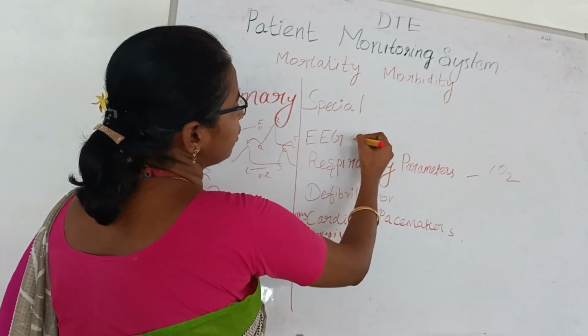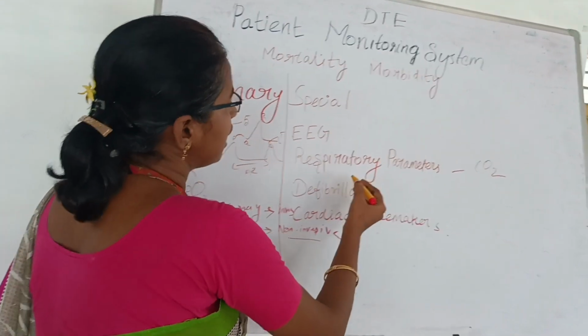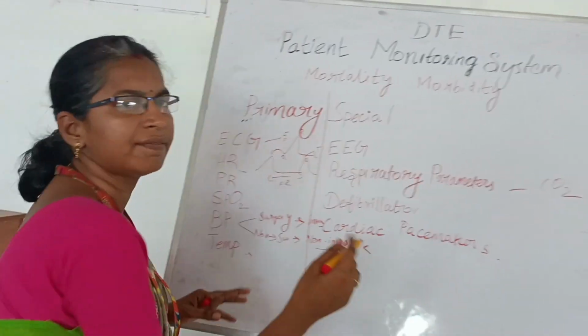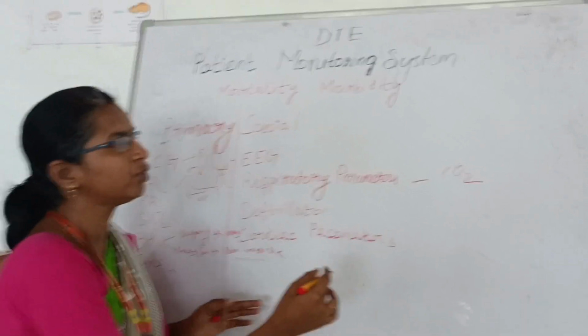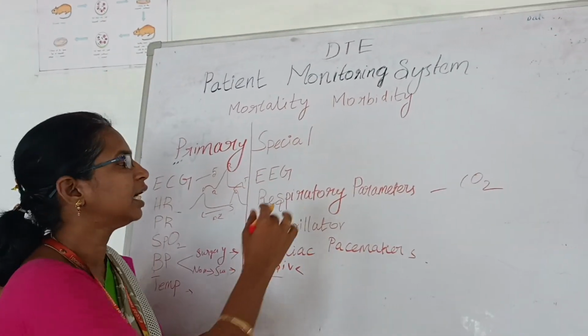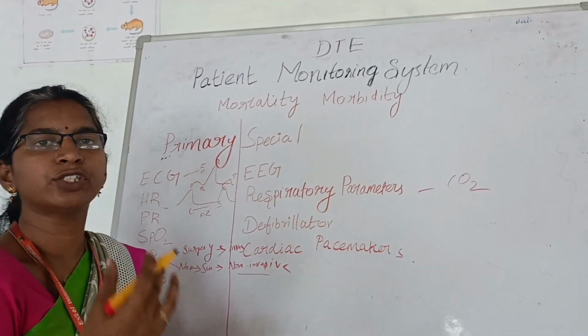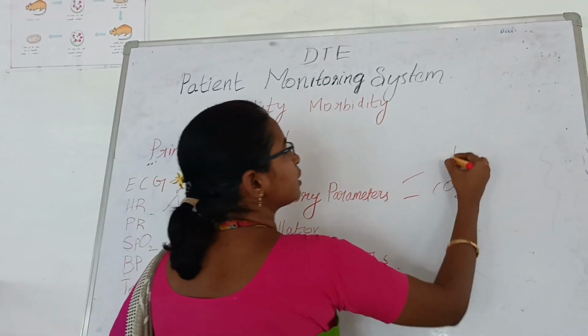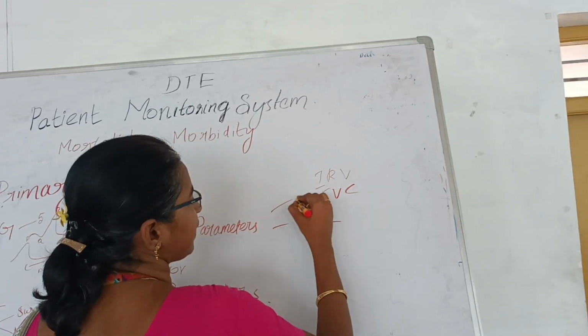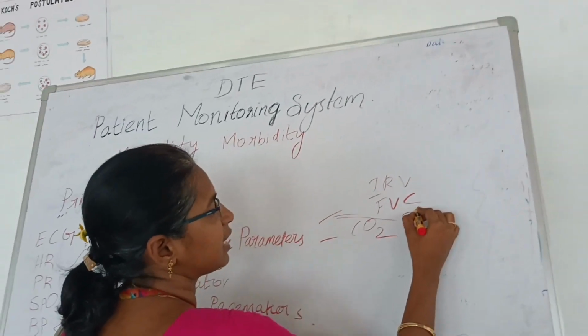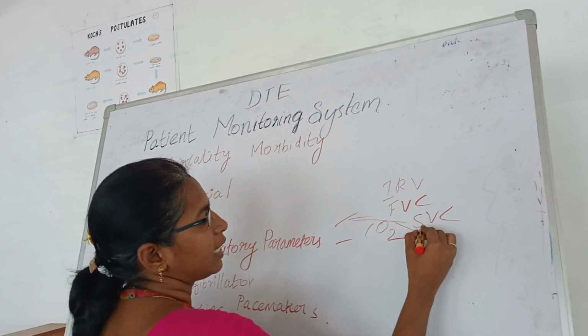And also you know EEG, electroencephalogram, and respiratory parameters. They will monitor the exhaled CO2 value with the help of a capnography device, and from that they also measure the inspiratory reserve volume, forced vital capacity, slow vital capacity, expiratory reserve volume.